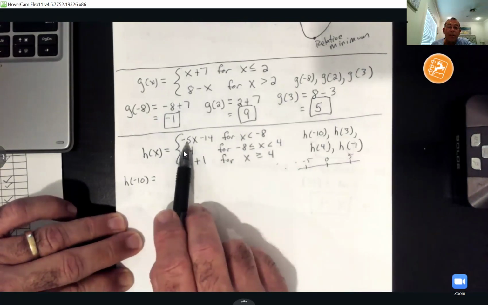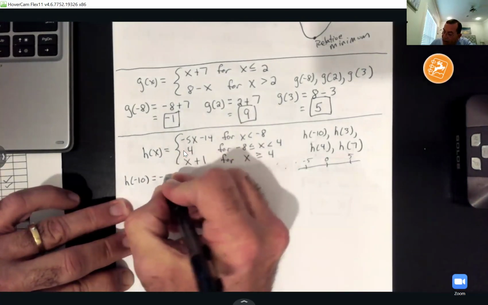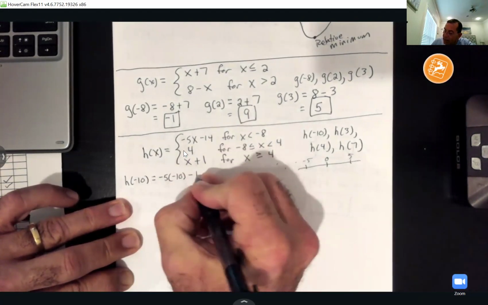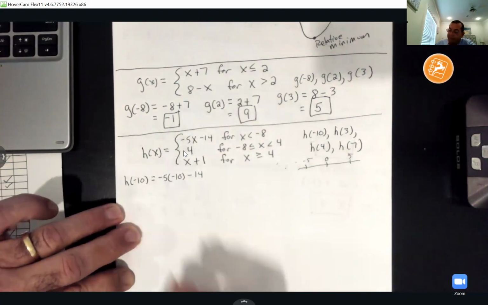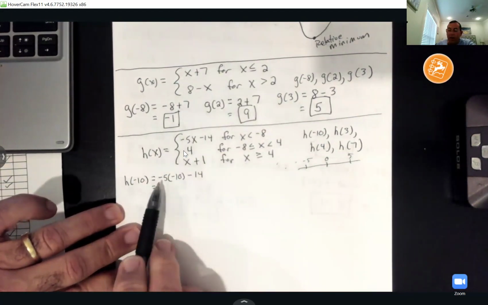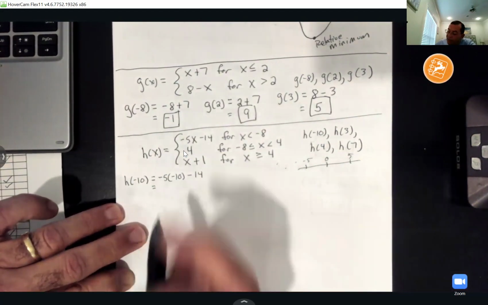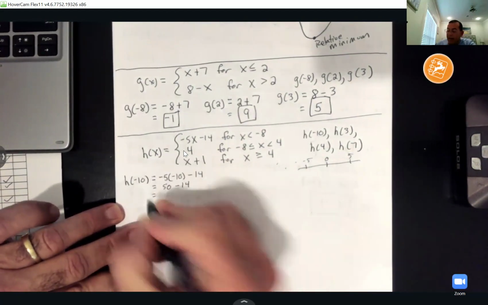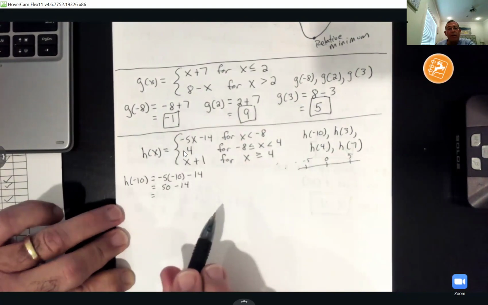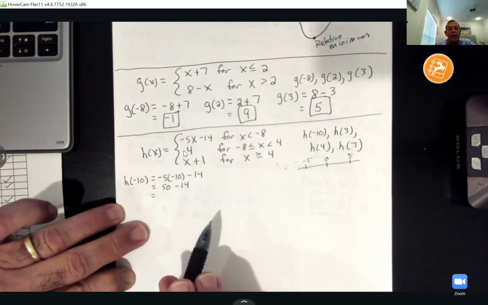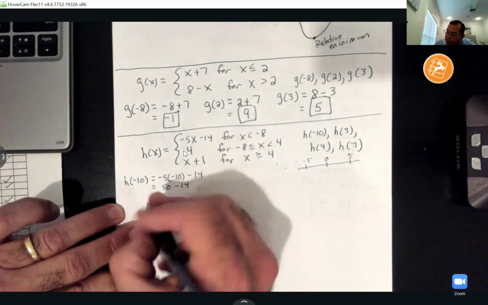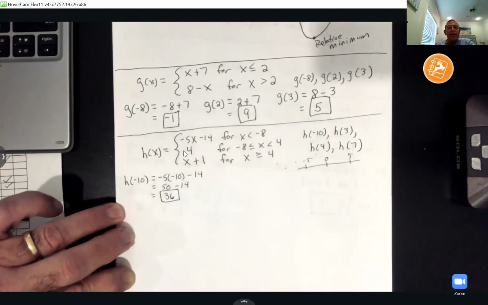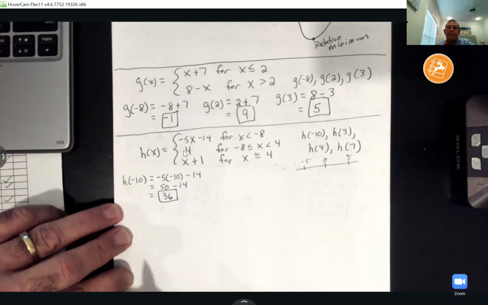We're going to use the first equation: -5 times our -10 minus 14. All right, y'all, negative times negative, that's a positive 50 minus our 14. And 50 minus 14 gives us, what's that, like 36? So h of -10 is 36.